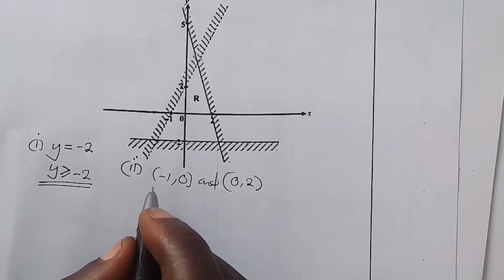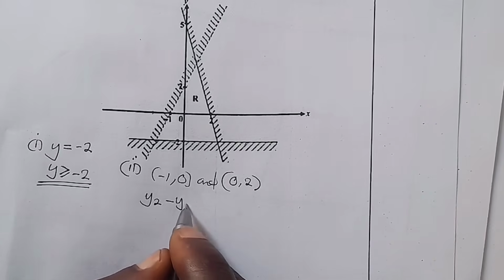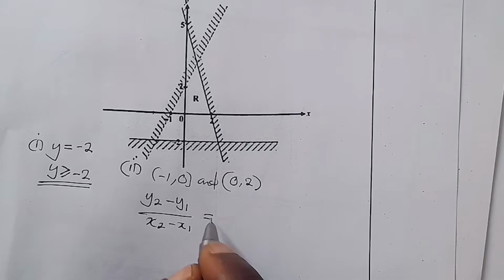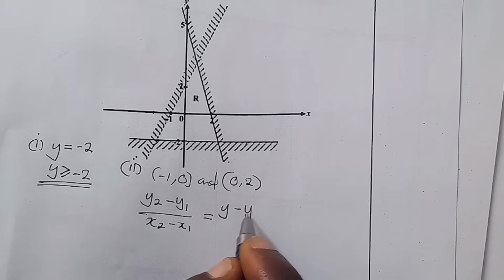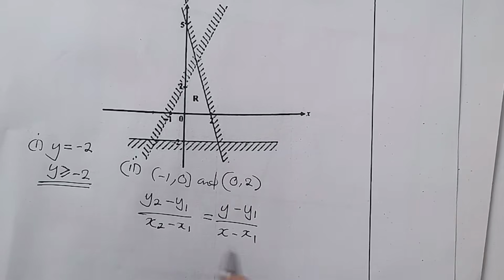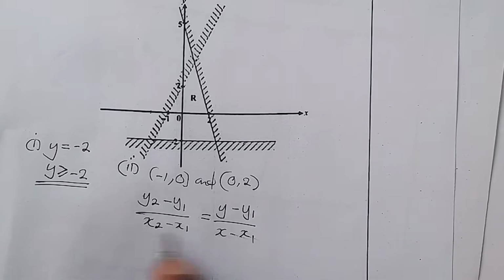The formula is y2 minus y1 over x2 minus x1 is equal to y minus y1 over x minus x1. This is what you need to know. You don't even need the value of c, the constant. You just need this formula.